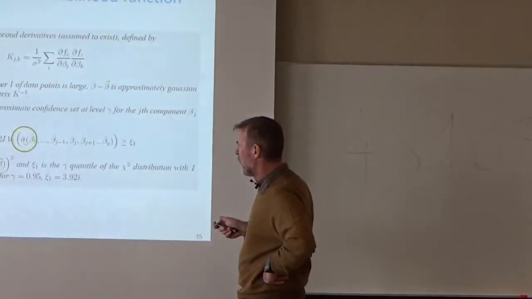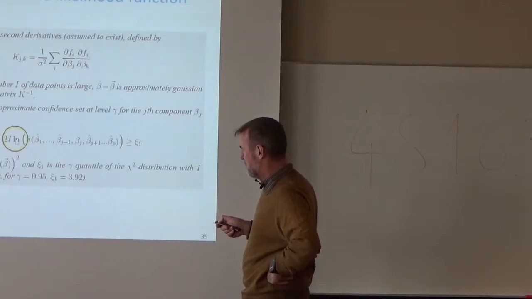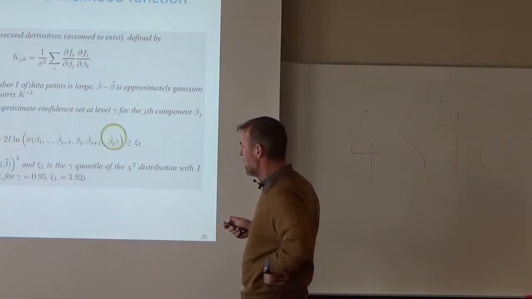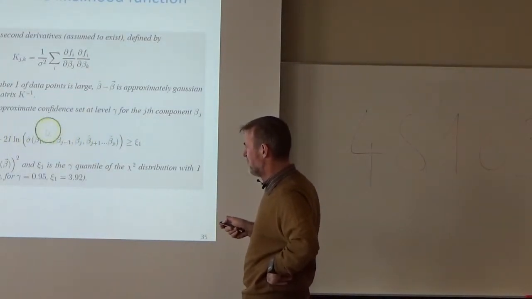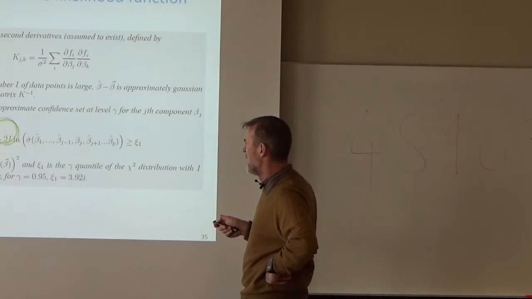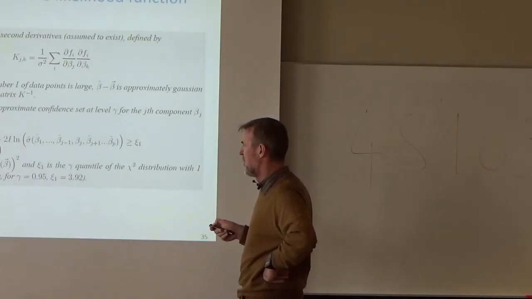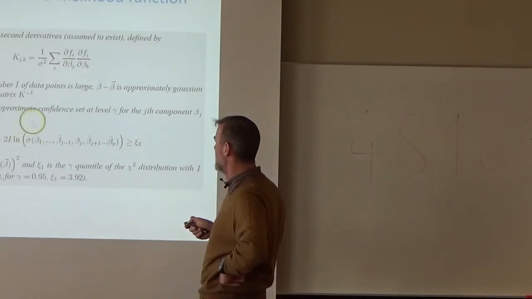So we will look for the beta that minimizes this here, and that gives us the sigma hat, the true estimator of our maximum likelihood estimator here.